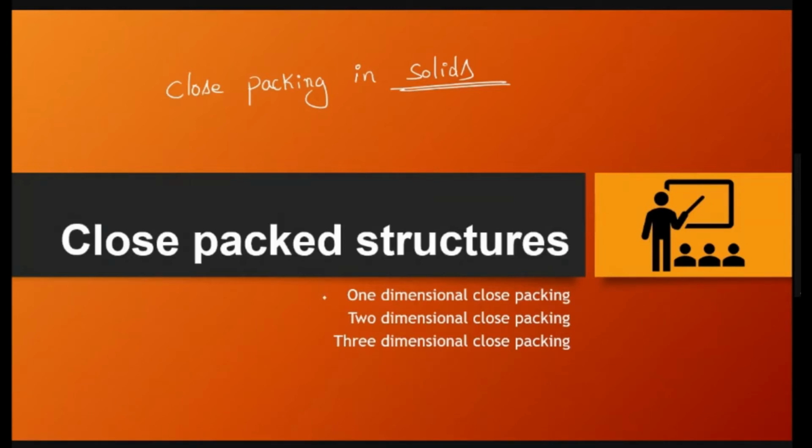First, close packing in one dimension, next two dimensions, and finally three dimensions, because solids are three-dimensional structures. So to understand the arrangement of constituent particles in solids, we'll go one by one: one dimension, two dimension and three dimension.